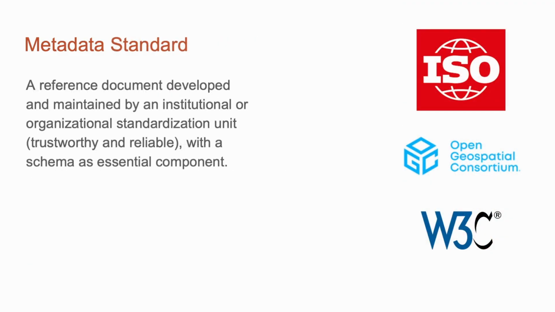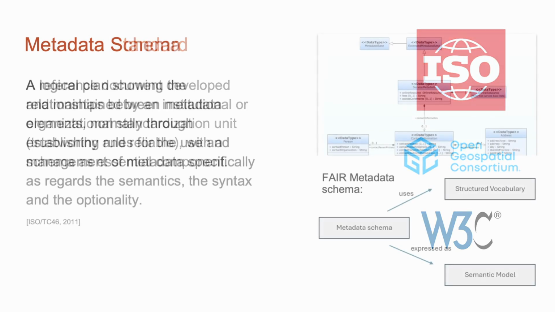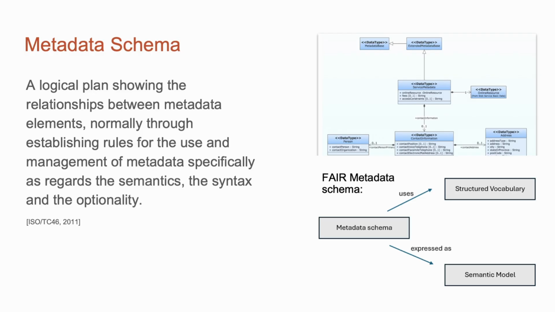A key role in metadata is played by standards. A metadata standard is a reference document maintained by a trustworthy unit, like ISO or W3C, with a schema as an essential component. A schema is a logical plan showing relationships between metadata elements.